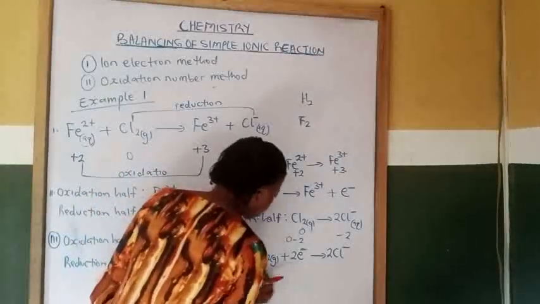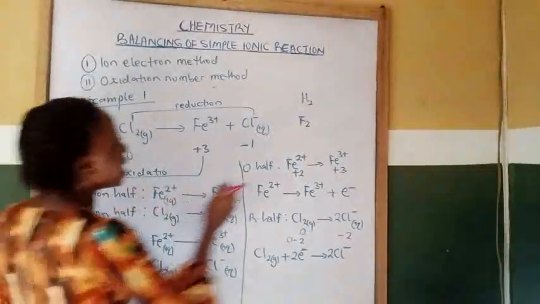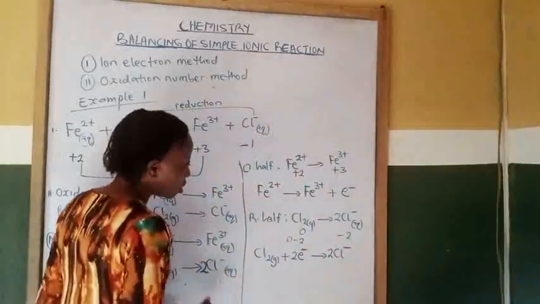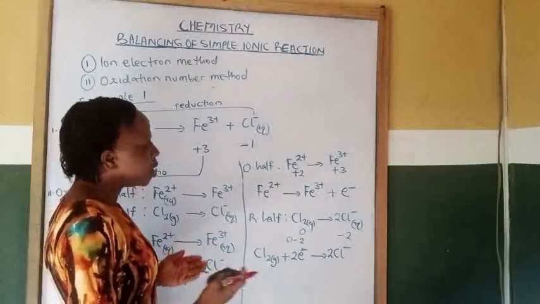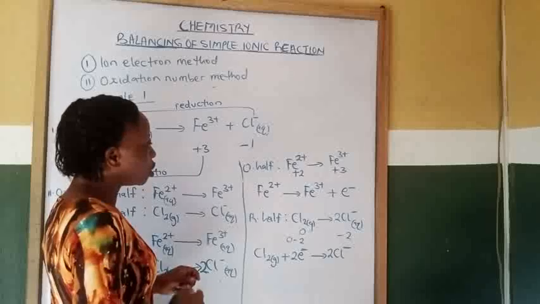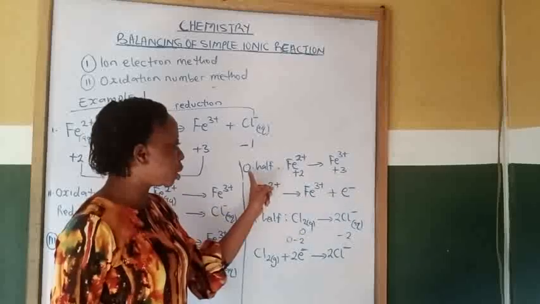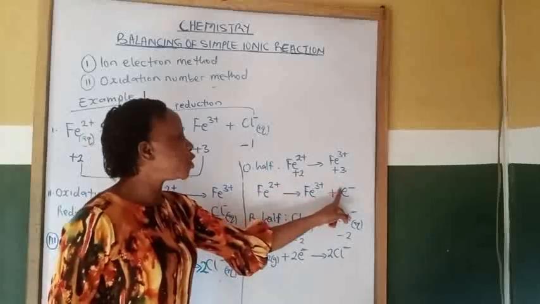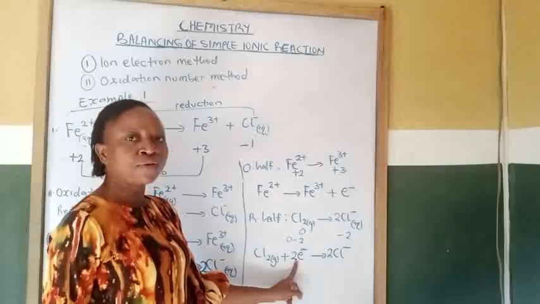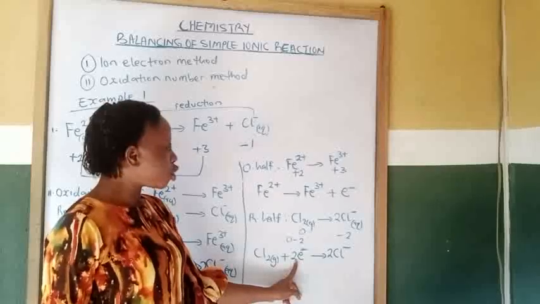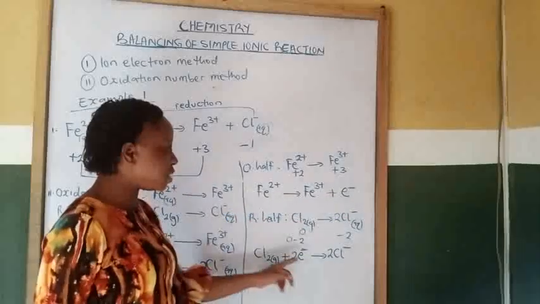So what is the next step to take? Let's move to the final stage. Now, before we can combine the two half reactions together, the coefficient of electron from the first half reaction, which is the oxidation half, must be equal to the coefficient of electron from the second half reaction.